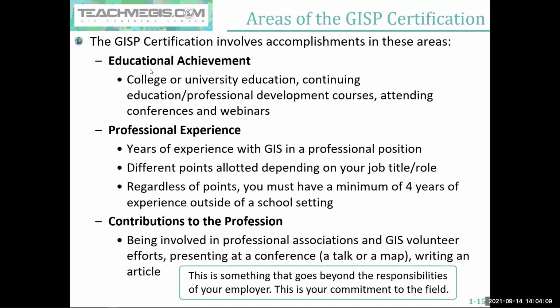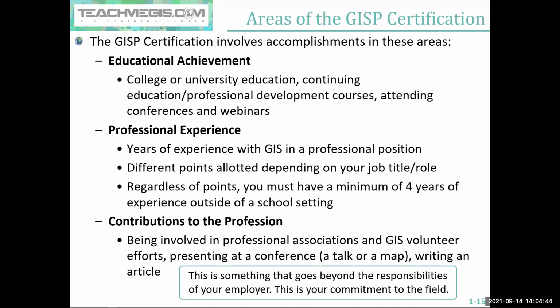The educational achievement means college or university education, or that's okay if you don't have a college degree, that's okay too. Continuing education, professional development courses, attending conferences and webinars, all of those things count toward your educational achievement points. So you start this portfolio, right? And you have to submit all the things you've done toward education, and you get points for each one. Just to give you an idea, 40 hours of training gives you 1 point, right?